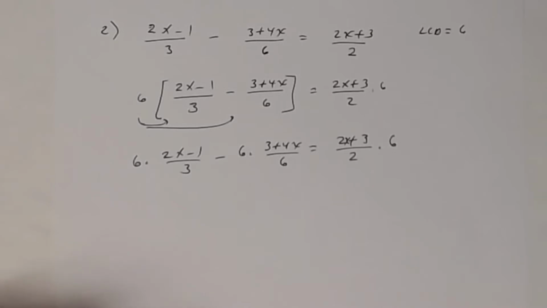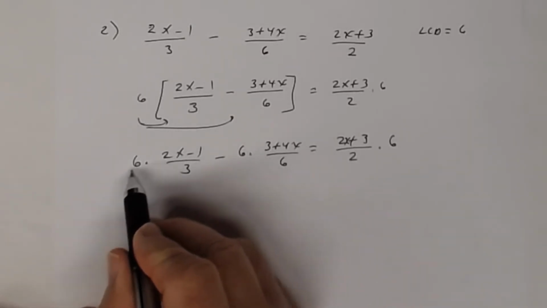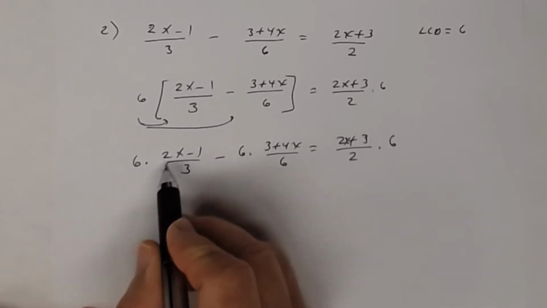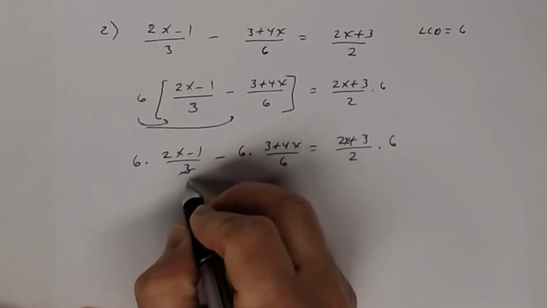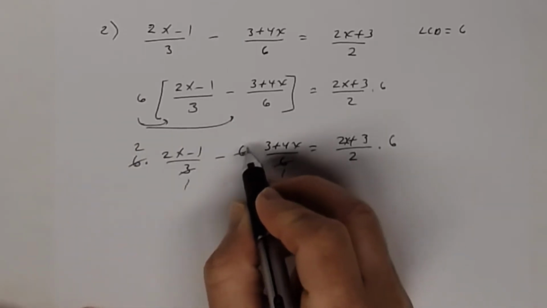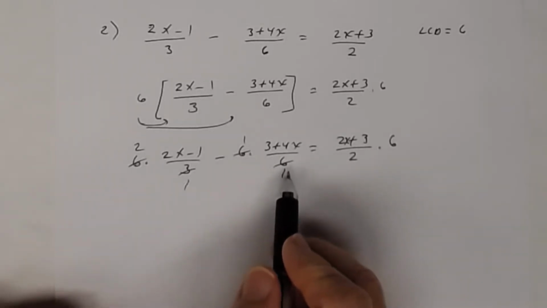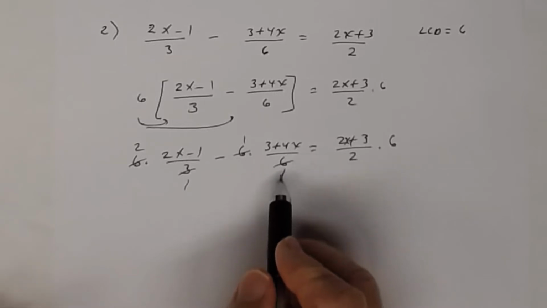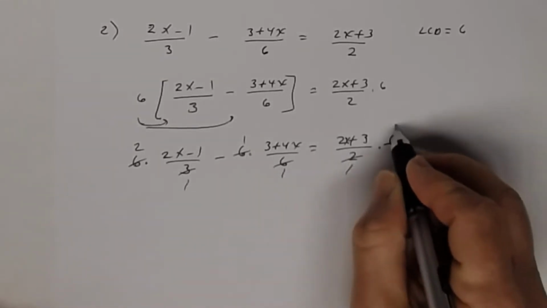You'll notice when I reduce, 6 divided by 3, so you can reduce: 3 into 3 is 1 time, 3 into 6 is 2. Over here, 6 into 6 is 1, 6 into 6 is 1. When you reduce, you need to put those as factors of 1s. And then 2 into 2 is 1, 2 into 6 is 3.